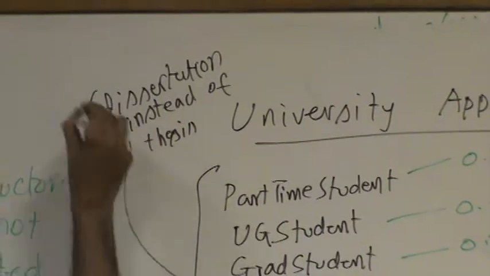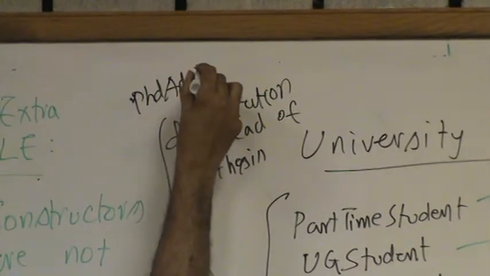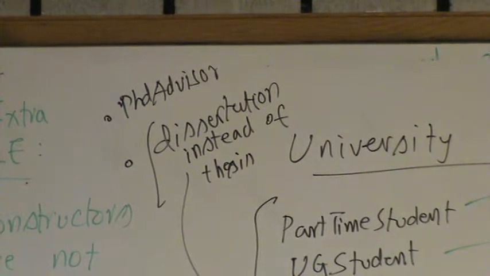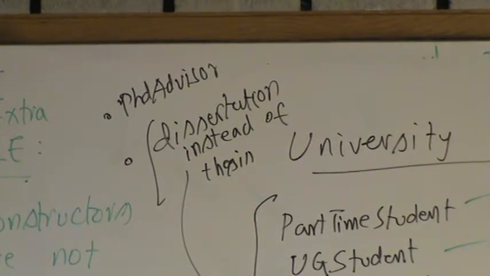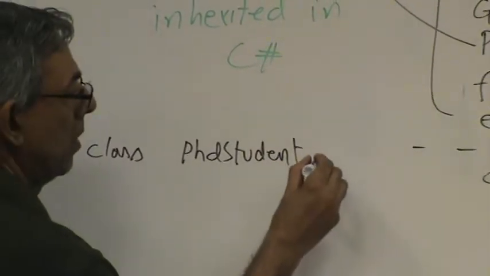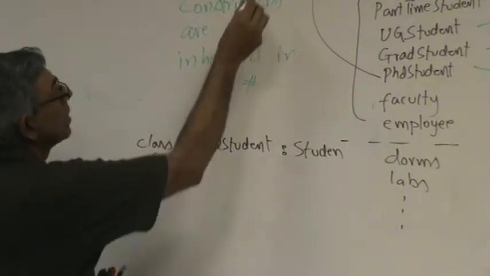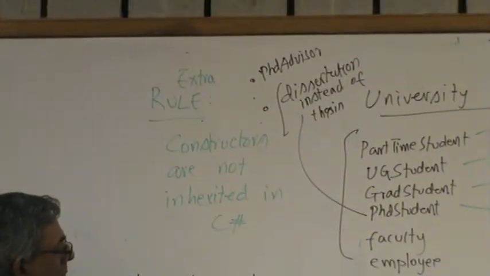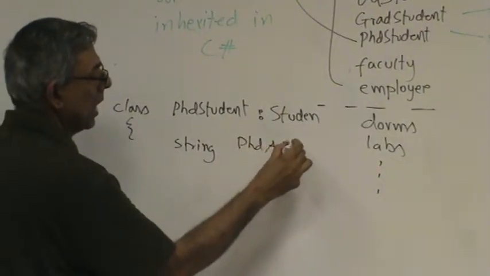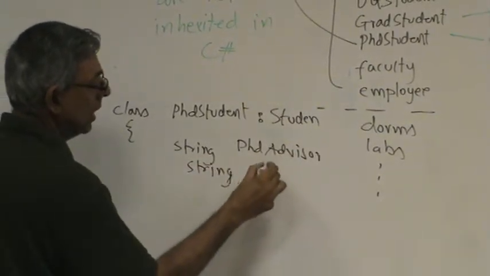And you will also have a PhD advisor, one more extra field in the PhD student class. So where will we inherit it from? Student. Can we add these 2 fields over here? Yes. So we can add string PhD advisor and string dissertation as an example.